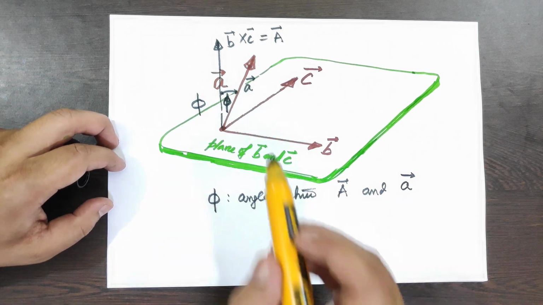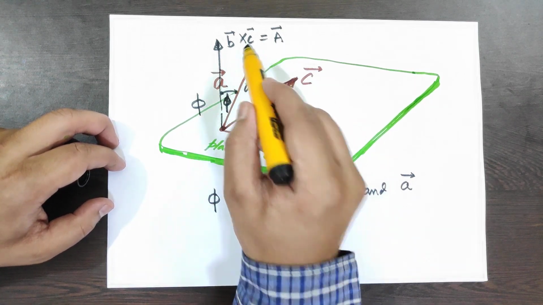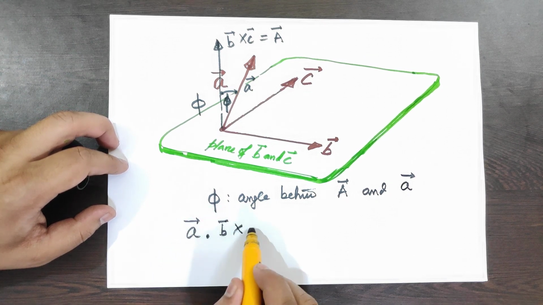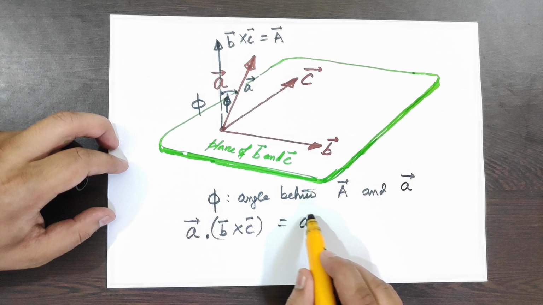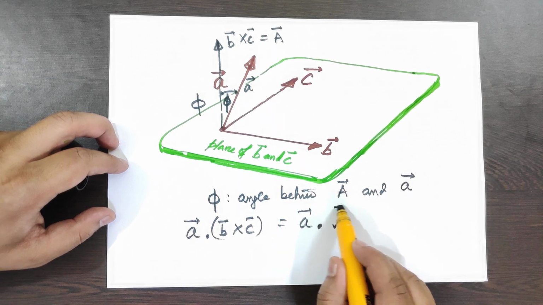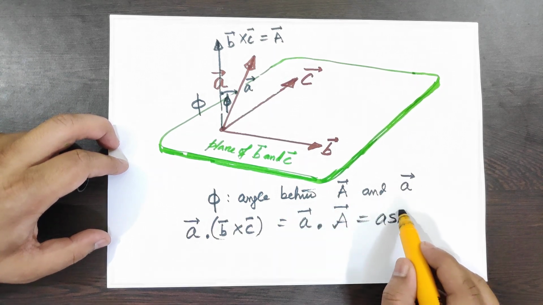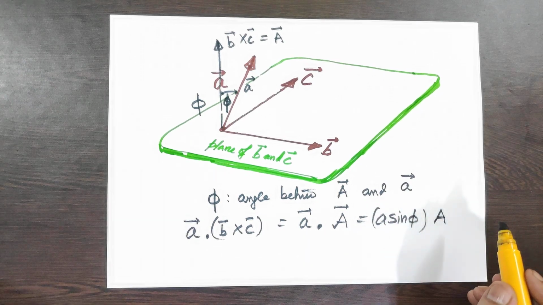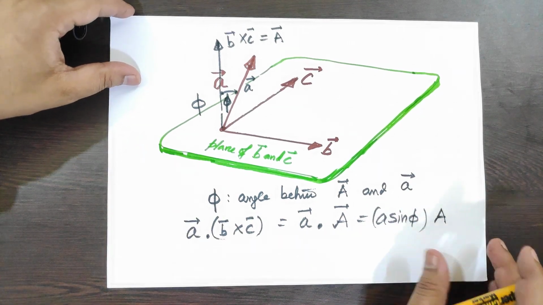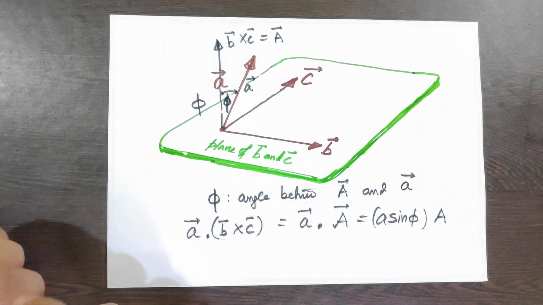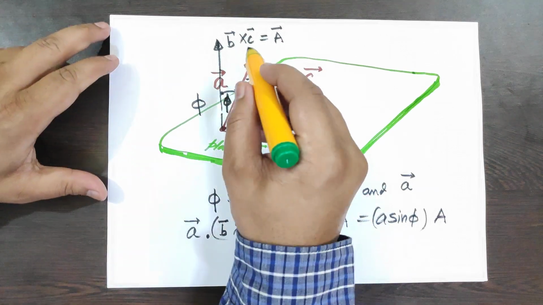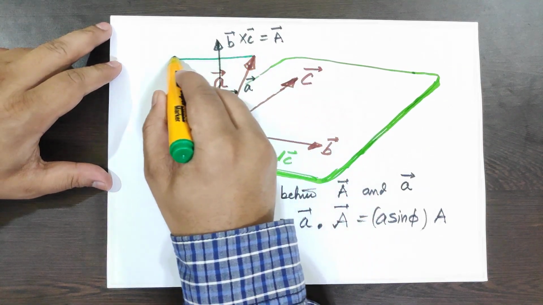Okay, so let's see, A dot B cross C is actually a dot this capital A, that is a sine phi multiplied by A. What is a sine phi actually? This a sine phi is nothing but the projection of the vector a on B cross C.